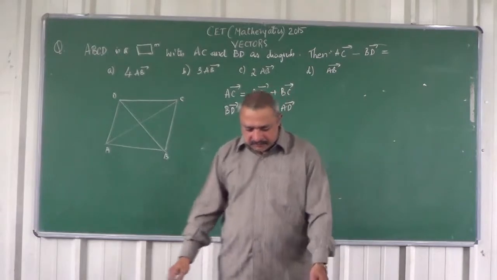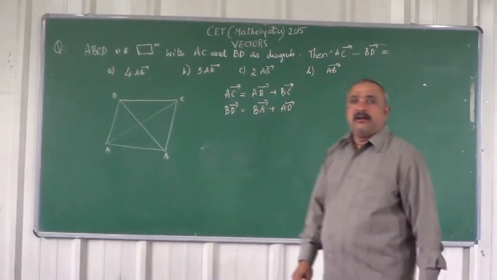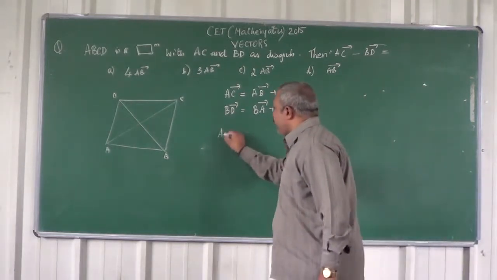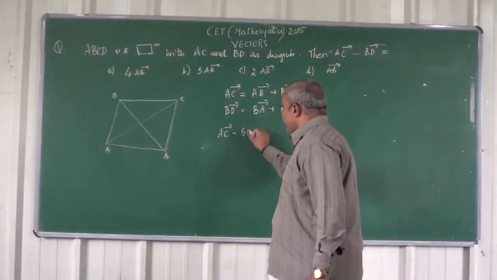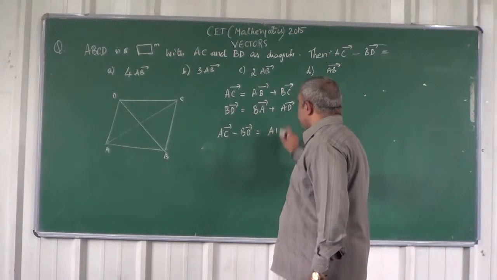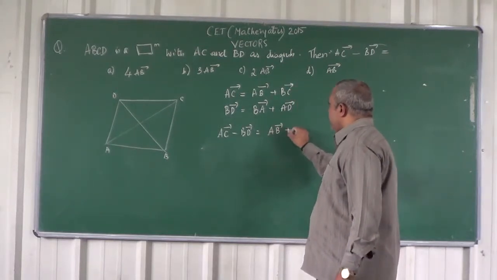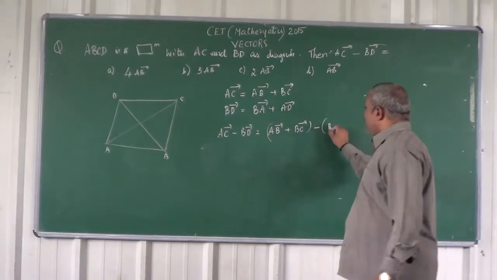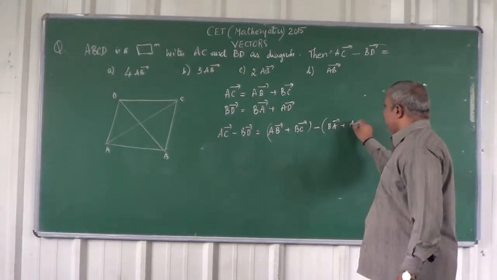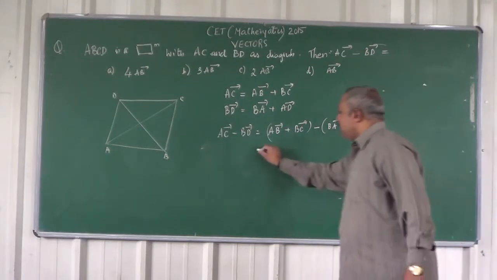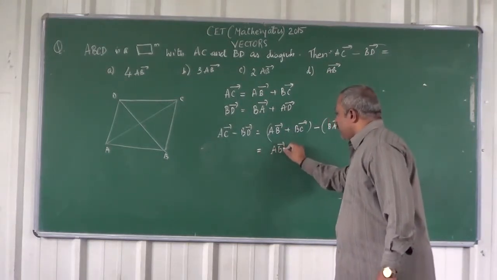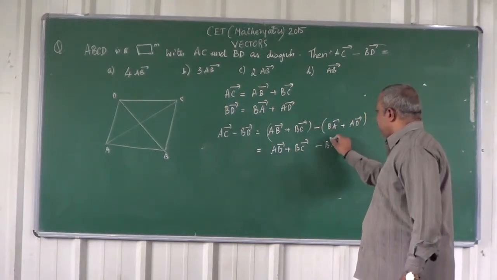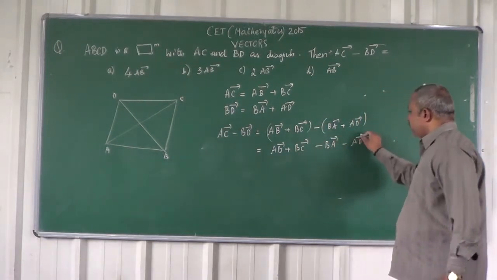These are the lengths of the diagonals. And now you want the difference. So, vector AC minus vector BD equals vector AB plus vector BC minus of vector BA plus vector AD. That is vector AB plus vector BC, open the bracket, so this becomes minus vector BA minus vector AD.